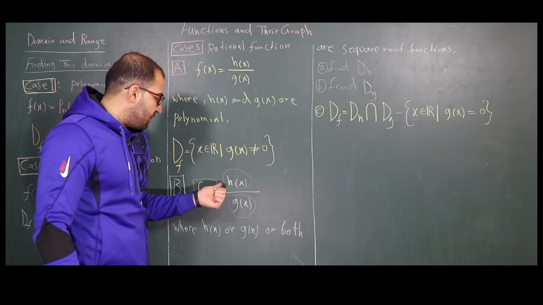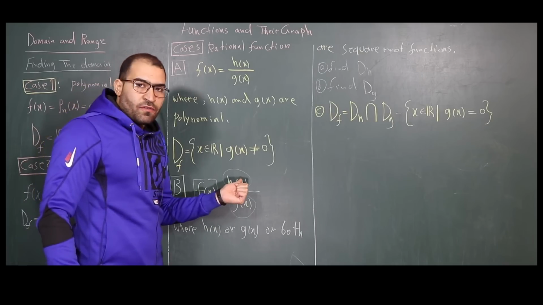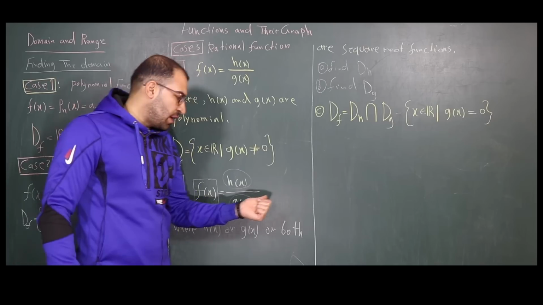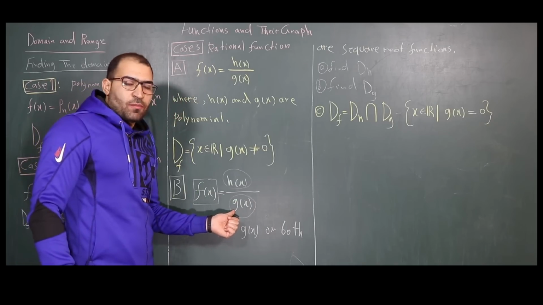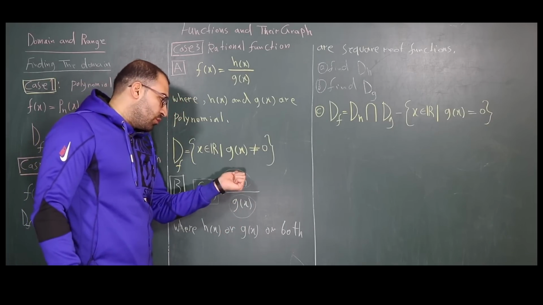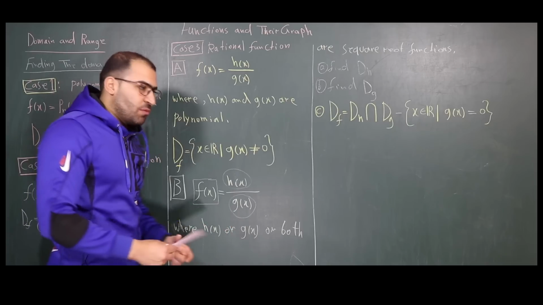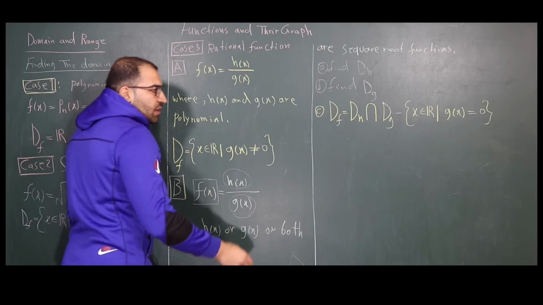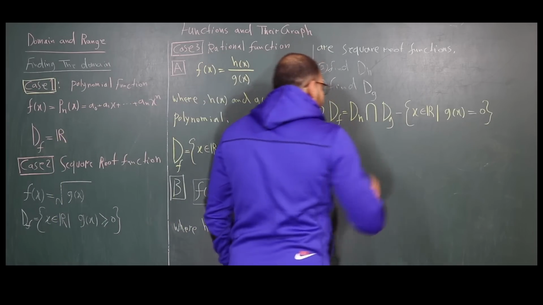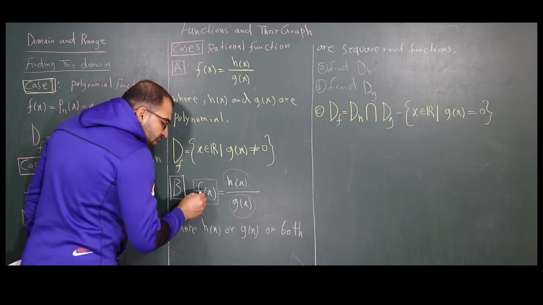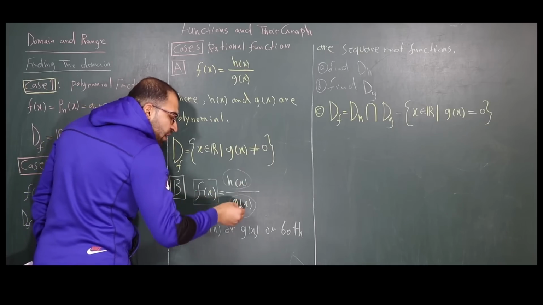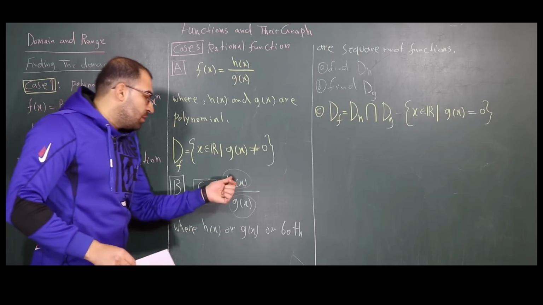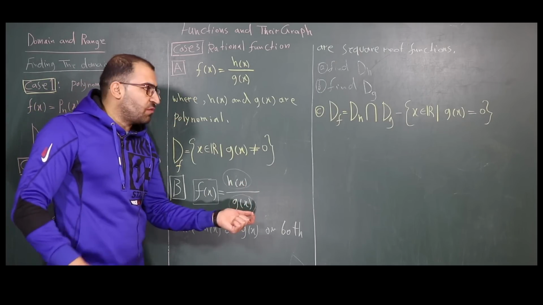Why? Because if the denominator is a polynomial, its domain will be R, and if this one is just a polynomial and this is a square root, I'm going to do the same strategy. I'm going to find the domain of the top and the domain of the bottom, and then do the intersection, because I need the domain of this function to be the common elements that don't make any problem and keep the function well defined.